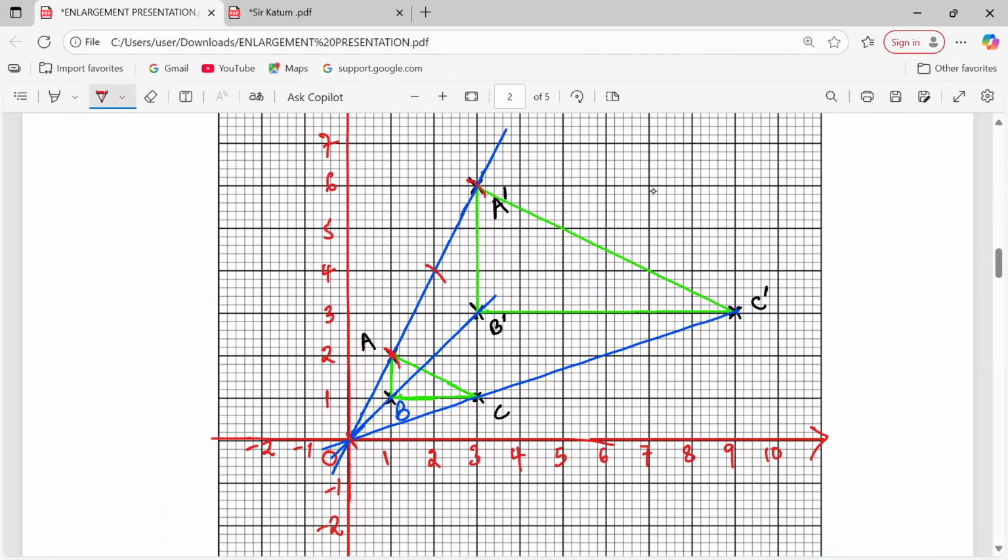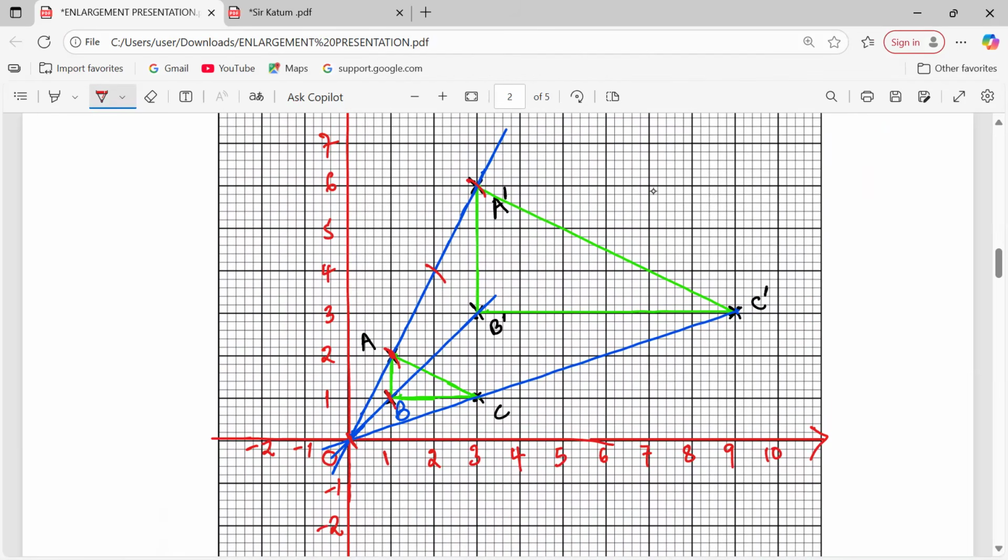Remember, I've just used the line connecting the center to A and its image. When you repeat the same using B and C, you shall get the same. For instance, from the center to B, you check this particular distance. How many times is it fitting in the distance from the center to B prime?